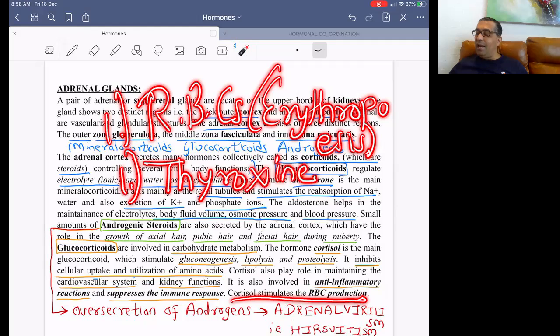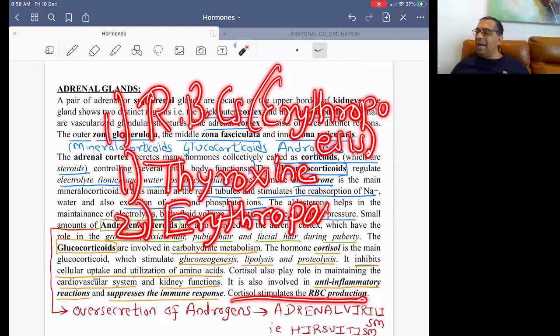Thyroxine helps in erythropoiesis. The hormone called erythropoietin, produced by the kidney, will help in erythropoiesis.